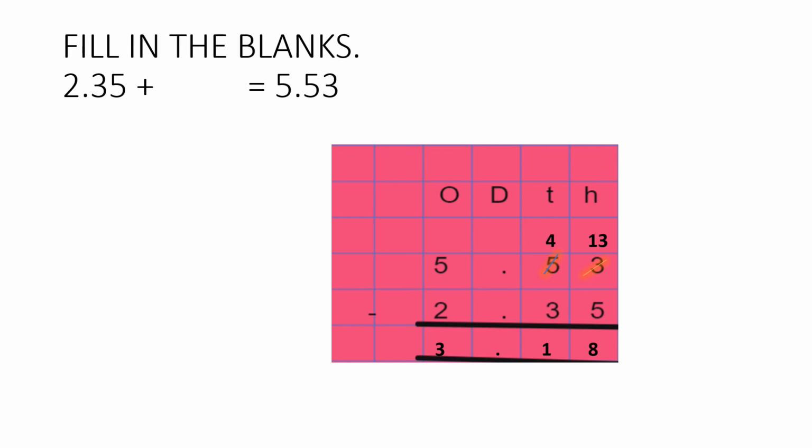Then decimal, and here 5 minus 2 equals 3. So what number will we get? 3.18. So from here we come to know that when we add 3.18 to 2.35, we will get 5.53.